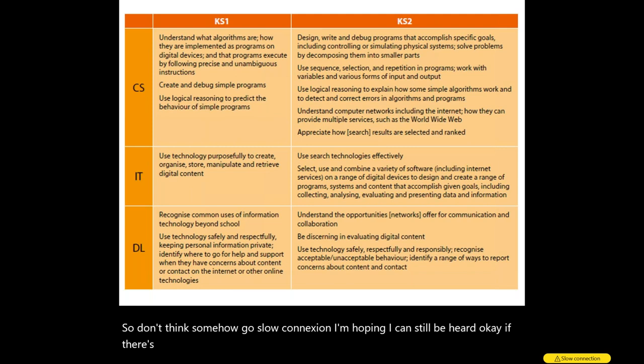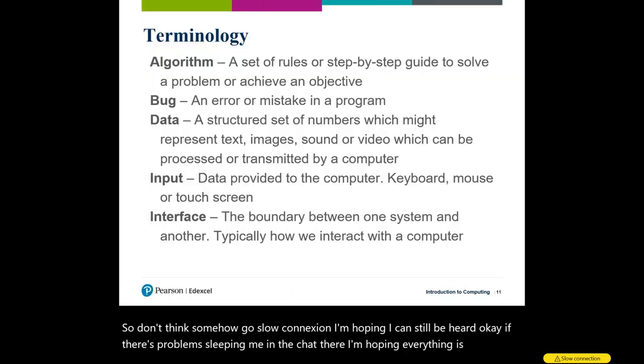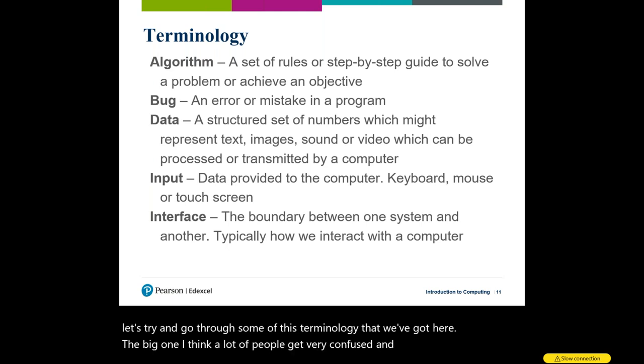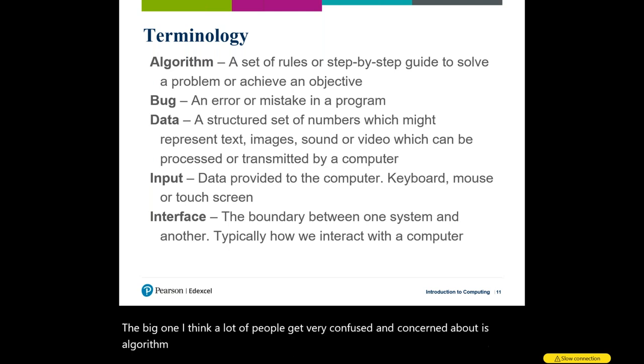I'm hoping everything's good. So let's try and go through some of this terminology that we've got here. The big one that I think a lot of people get very confused and concerned about is algorithm. An algorithm sounds quite scary, but really all it is is a set of rules. It doesn't even have to be on the computer. It can be a step-by-step set of instructions.